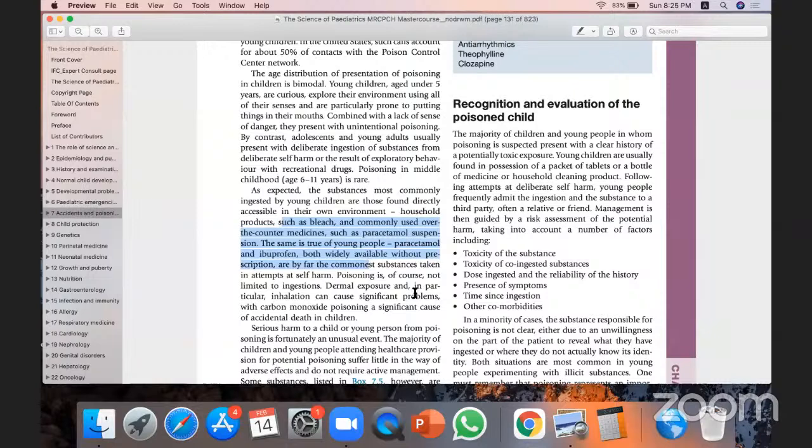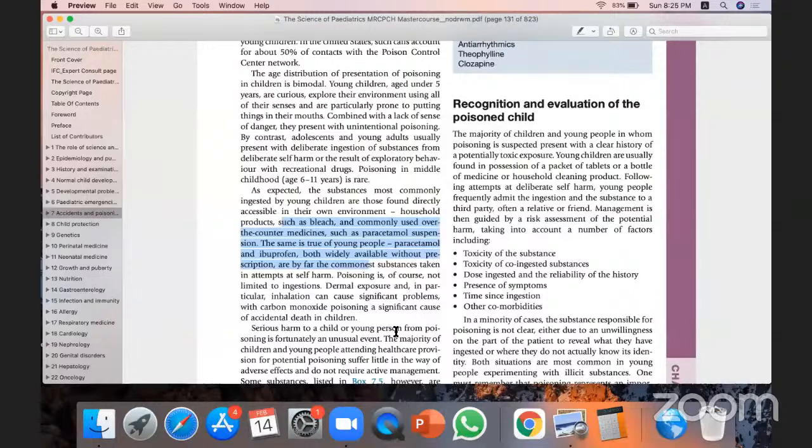Okay, now next is paracetamol poisoning. We will read in detail. There are certain other drugs which are used and present in the family, like ibuprofen, iron tablet, then oral contraceptive pill. You will frequently see oral contraceptive pill poisoning, because the parent has this tablet at home, and you will frequently see iron tablet poisoning.